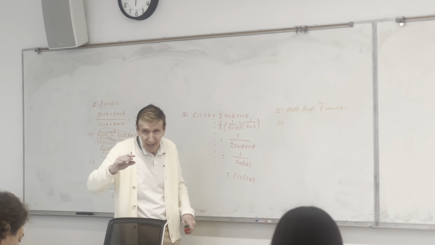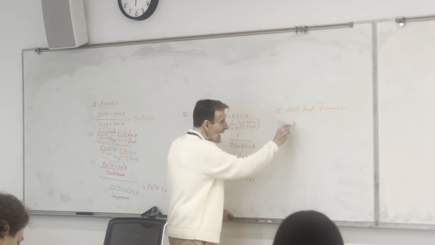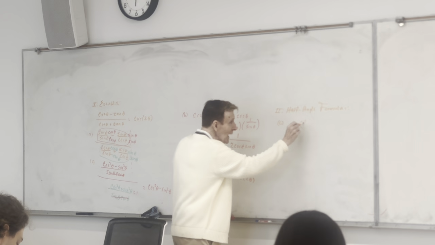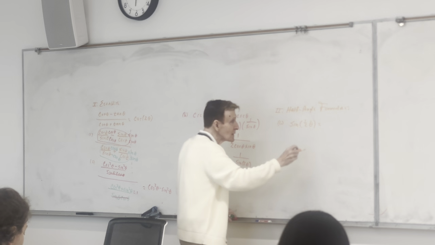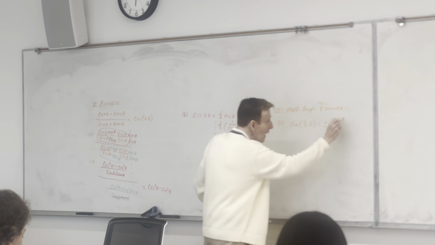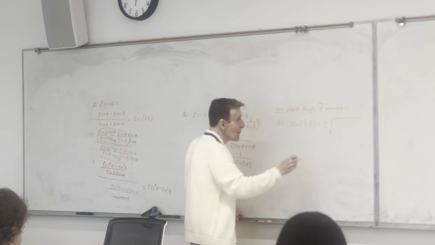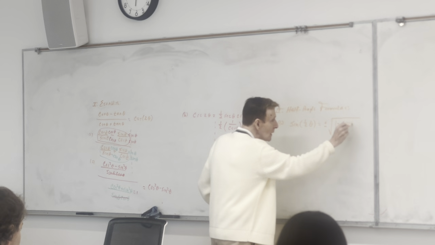Did I start out with sine half theta? Yes. So sine of half, not double, half of theta. Michael, what was the formula? Plus or minus the square root of 1 minus cosine theta, all over 2.